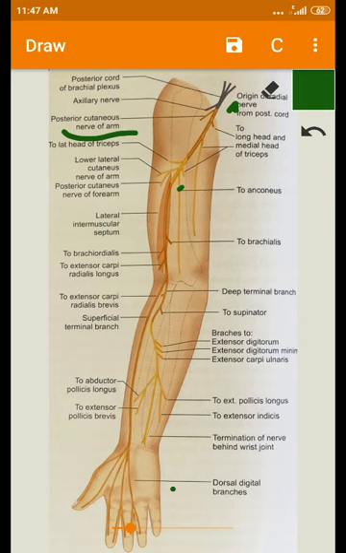It is giving one branch called the posterior cutaneous nerve of arm, and also at the lower side it is giving the lower lateral cutaneous nerve of arm.